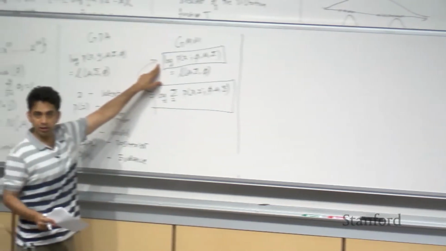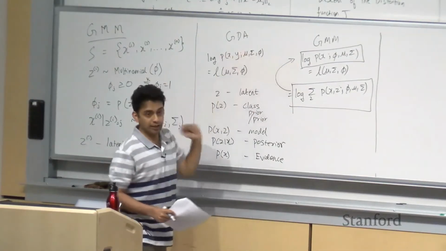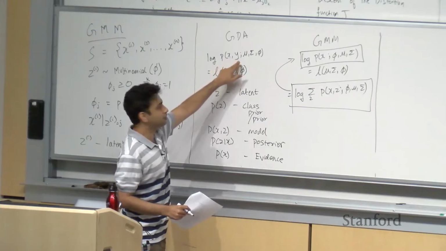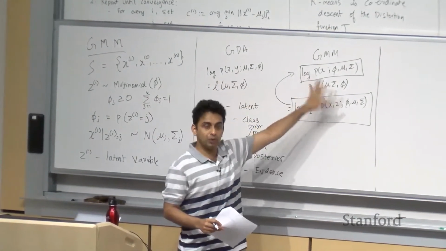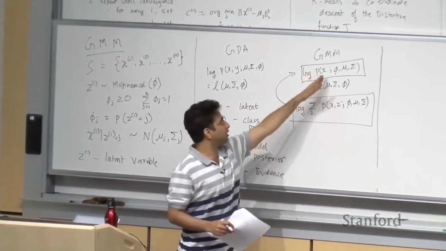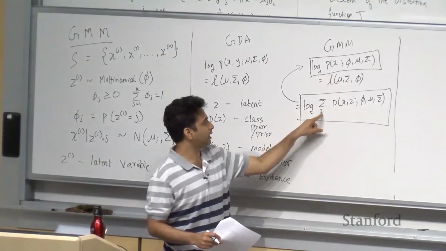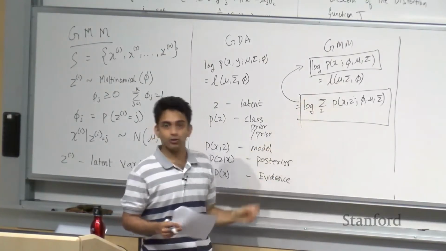You can try it out. In GDA we got a closed form expression because we had observed both x's and z's, we called it y's, and if we had observed both the x's and y's here, we would have gotten a closed form expression, but because the z's are not observed and we are marginalizing them, if you work it out, we will not get closed form expressions.